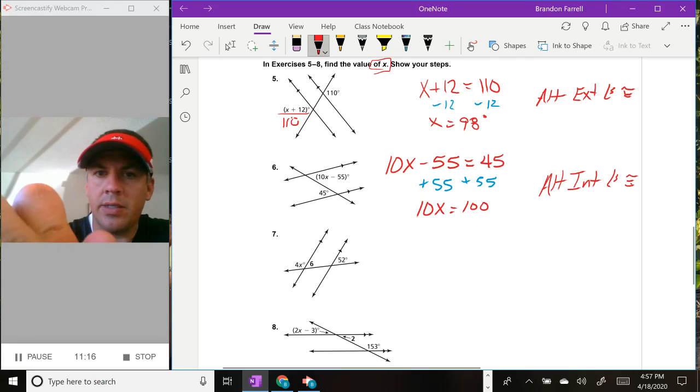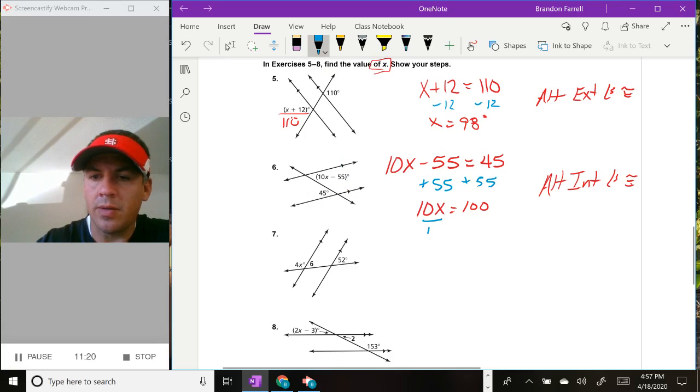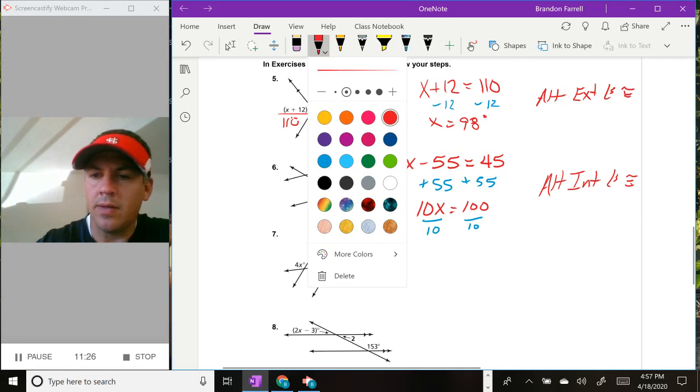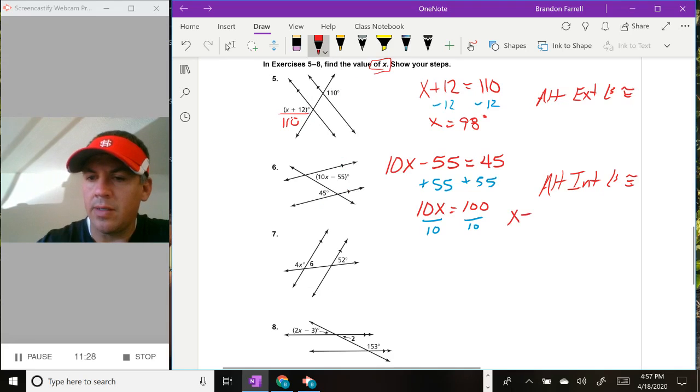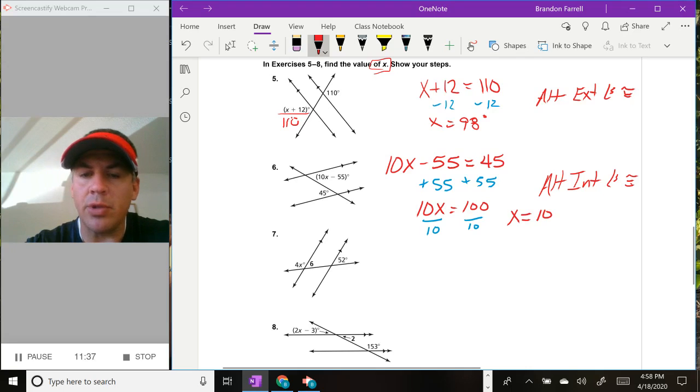That gives 100 degrees. We're going to divide by 10. X is going to equal 110, or not 110, but 10. And that will give us the option of being able to do that. And you could double check your answer by putting 10 back into that particular equation.